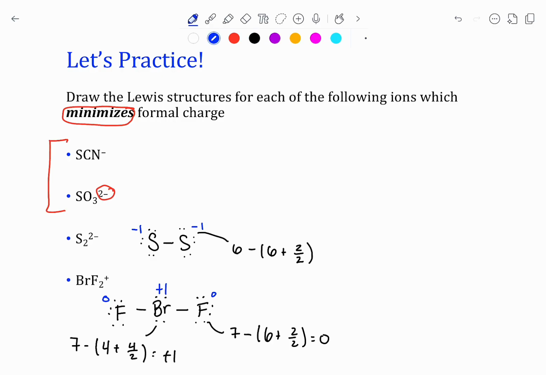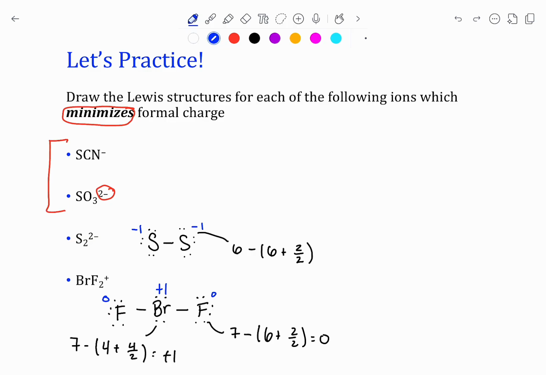It's less electronegative than the fluorine, so the fluorine would prefer to have the 0 over that plus 1. It's not going to have a minus 1 at any point. None of these lone pairs are going to move over to make a double bond, because fluorine cannot have an expanded octet. So that is the structure for BrF2+.